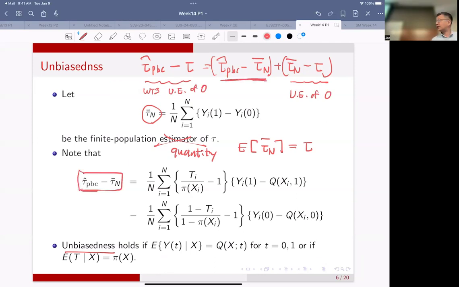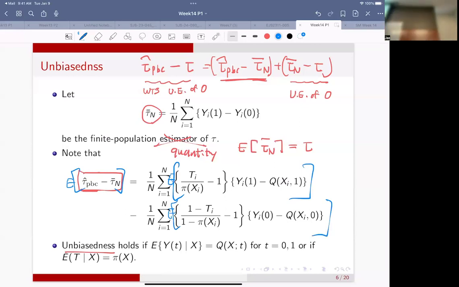So that's what we are doing. We want to evaluate this form, and then by just algebra, you can obtain this. Now we want to take the expectation, and the expectation can come all the way in.